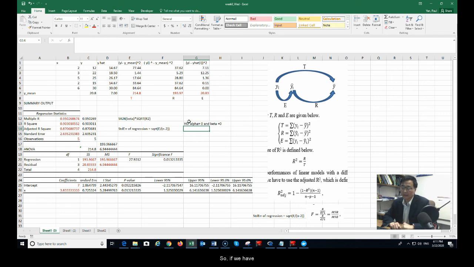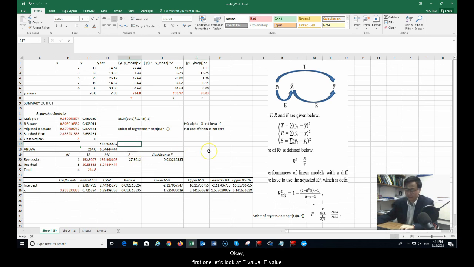If we have 3 x's, then we have alpha equals 0, beta 1, beta 2, beta 3 are all equal 0. The alternative hypothesis is one of them is not 0.